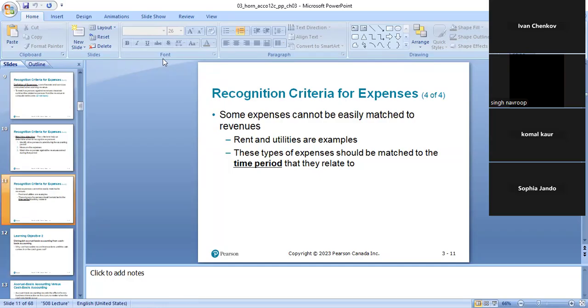I have to recognize the expense earlier, in January and February. So when the bill comes in March, that bill relates to January and February. How are we going to do that? That's another story, but I want you to get the idea now. So we have to match the expenses with the right period, even if we don't have the invoice yet.